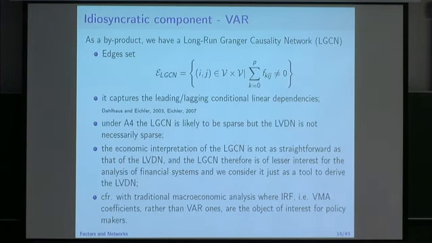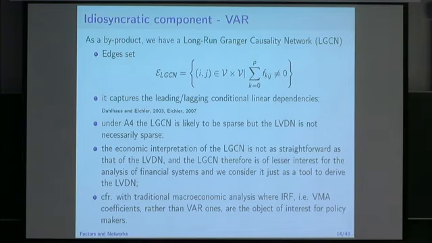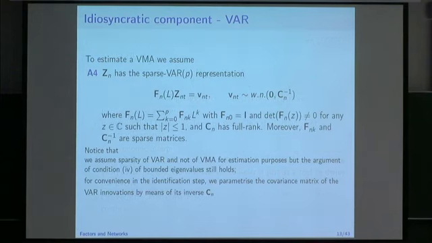This is just out of curiosity. If I estimate a sparse VAR, attached to it there is another network, which is based on the coefficients of this matrix. What is this matrix measuring? This is measuring the conditional dependence of each series on the lags of the others.